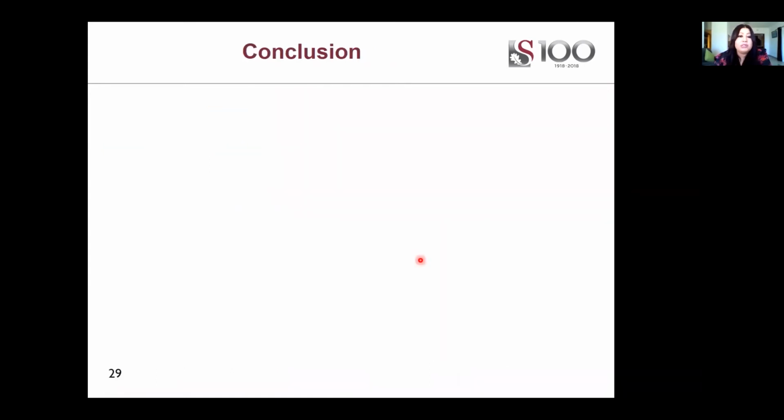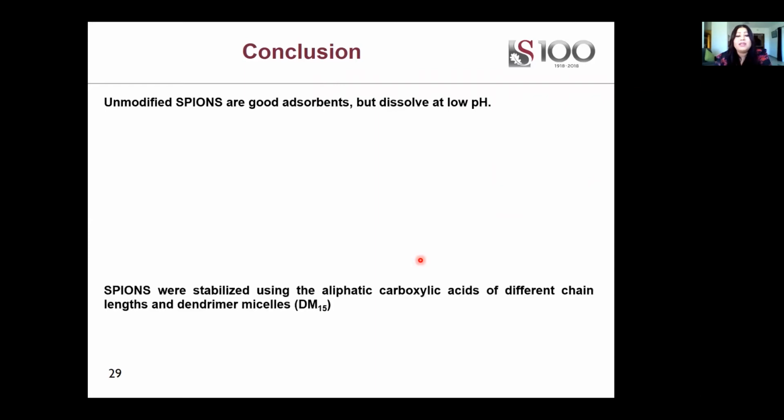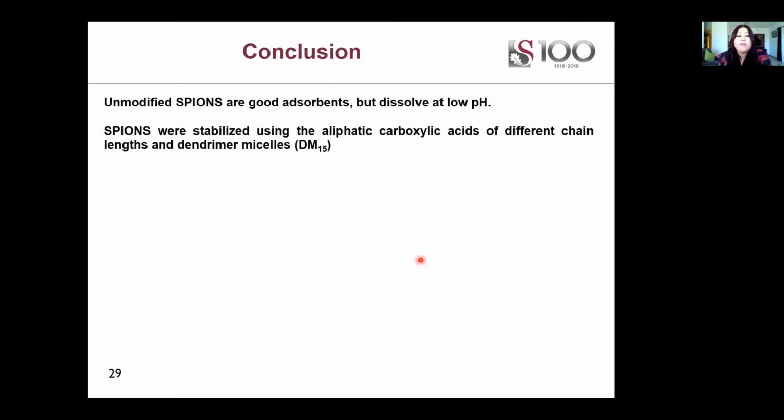So in conclusion, we tested unmodified spirins, and they were good adsorbents, but they dissolved at low pH. And therefore, we modified our spirins with carboxylic acids and dendrimer micelles.